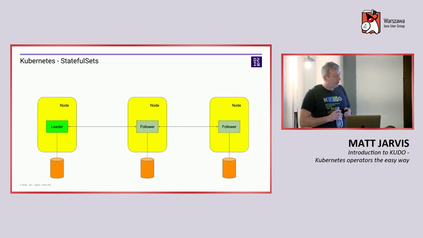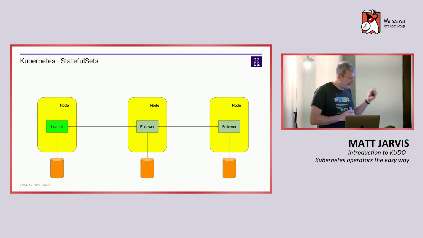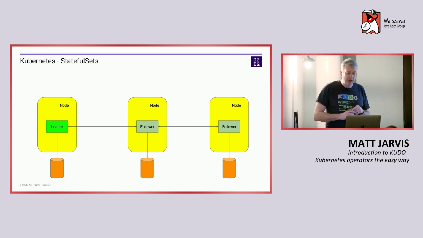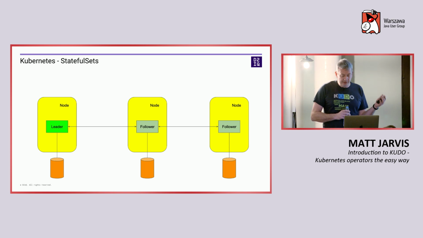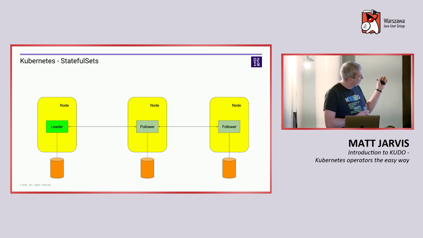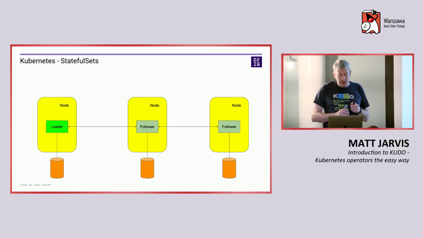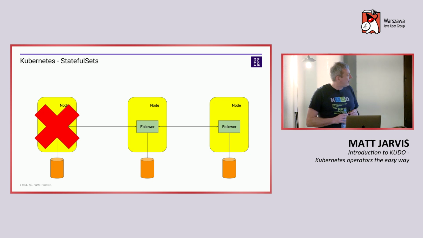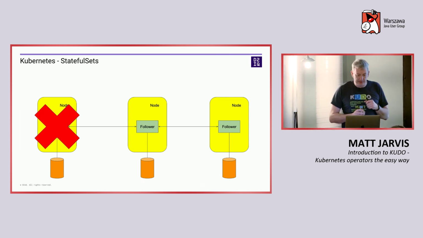And we can, as an example, consider something like doing rolling upgrades of nodes in our Kubernetes cluster. If we have a fictional master-slave database running in a stateful set, and then the node running the master upgrades, we reboot it.